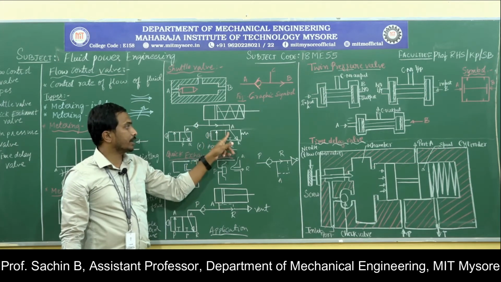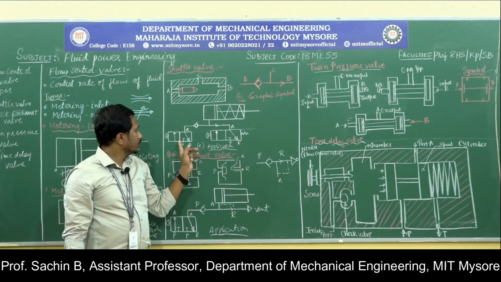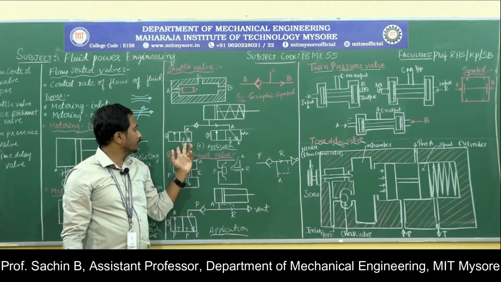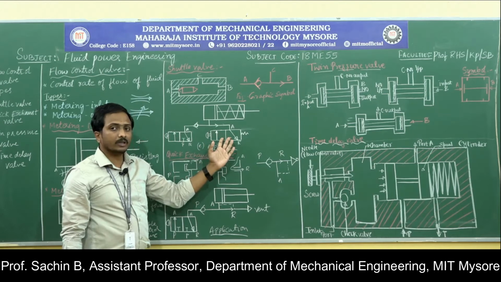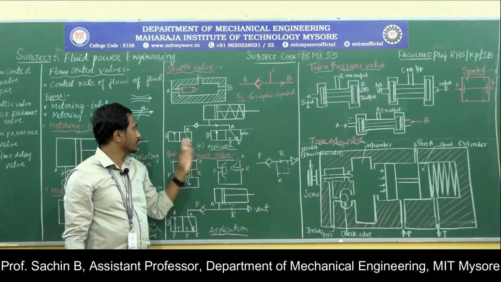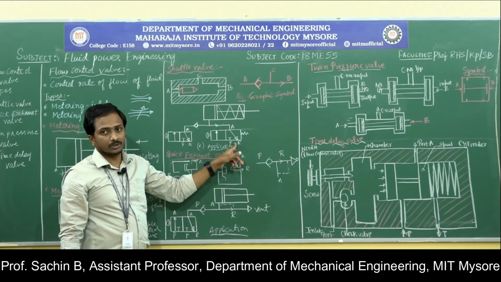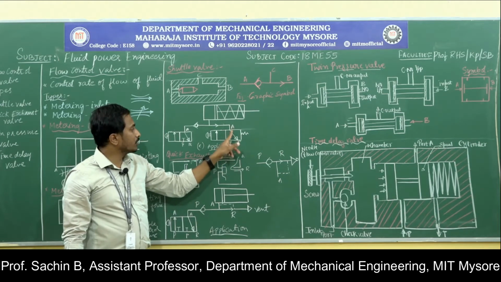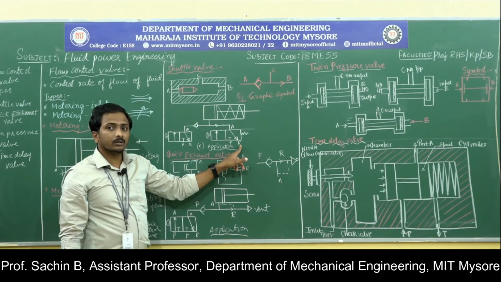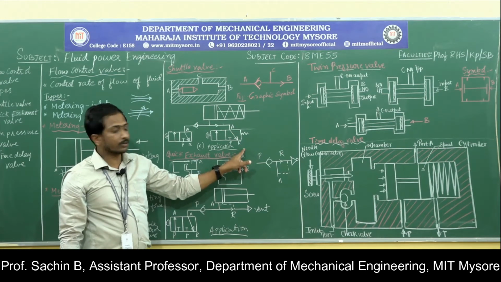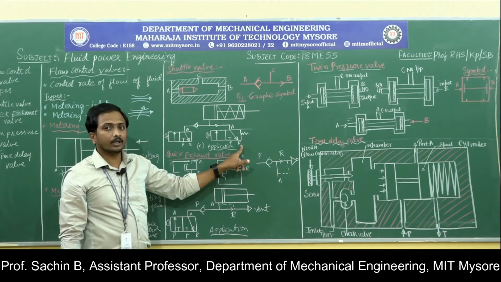It will come in this direction. The position of the push button will change, and the valve will change. First it is in the first position, next it will be in the second position, which means the fluid coming out of the A port goes to the reservoir. You can clearly observe the arrow written over here.